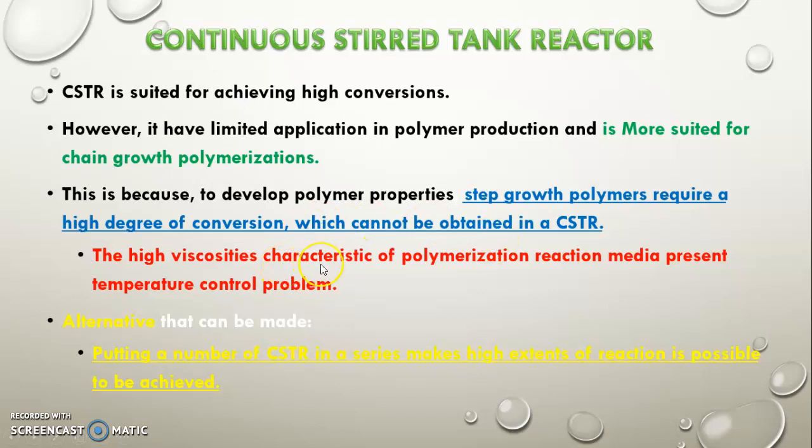The high viscosity characteristic of polymerization reaction media present temperature control problem. So the alternative that can be made is by putting a number of CSTR in a series makes high extent of reaction possible to be achieved. Okay, maksud dia, dia boleh produce high conversion, tapi kena buat di dalam many series.